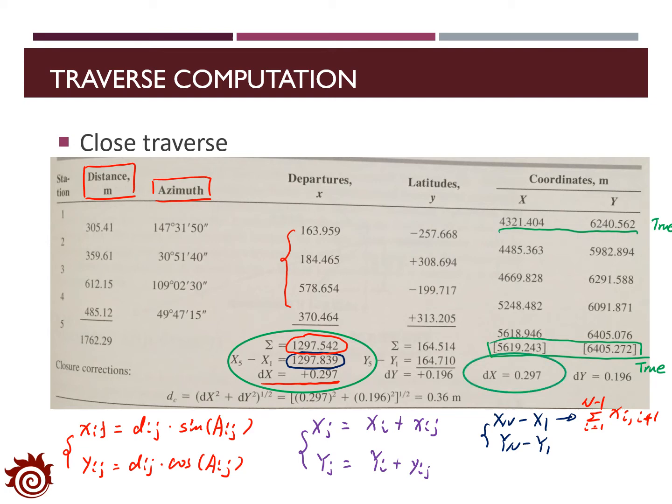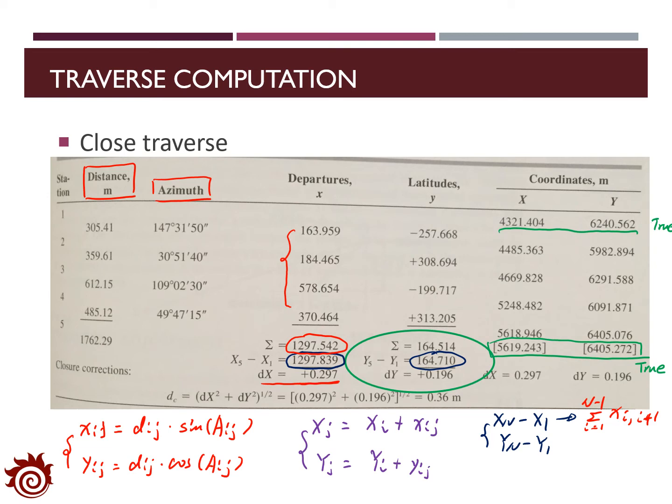Similarly, we can find out the closure error for the latitude. We can find out the coordinate difference for the point 5 and 1, which will give you the value as 164.710.